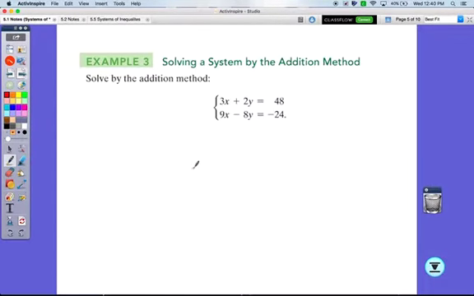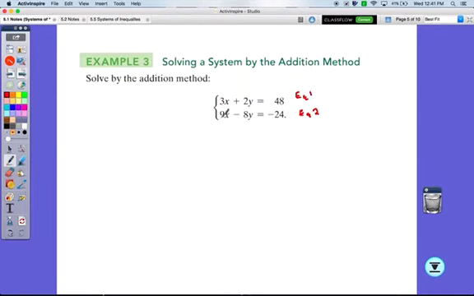All right, so this is how it works. I've got equation 1 and equation 2. It's already in a nice format where it's x, y, and number on both of those. Now what I want to do is get one of my variables to go away when I sum them together.